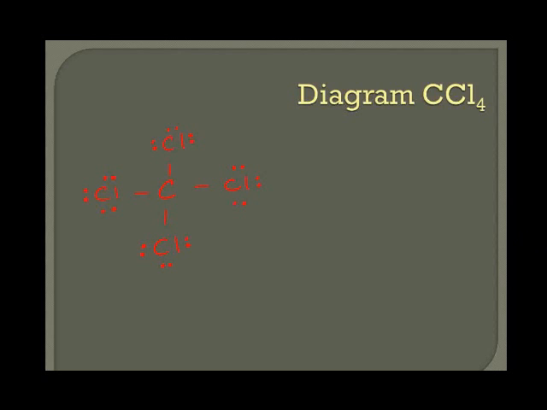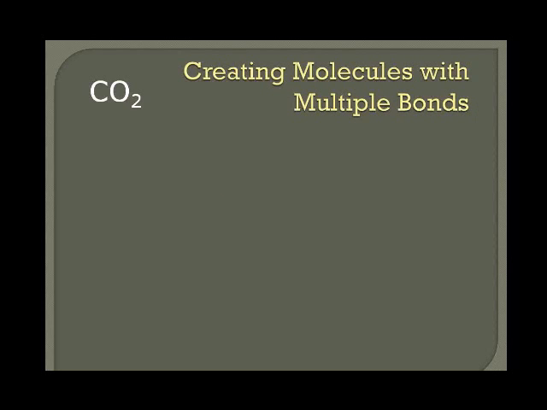Now let's move on and start looking at creating molecules that have multiple bonds. The first one we're going to look at is carbon dioxide. Neither carbon nor oxygen are halogens or hydrogen, so our first rule doesn't help us very much. So our second step is to look at the electronegativity.